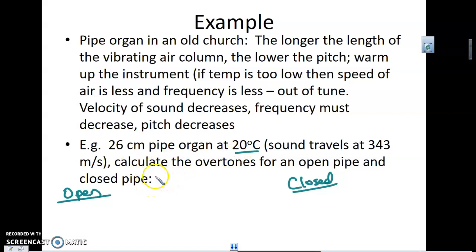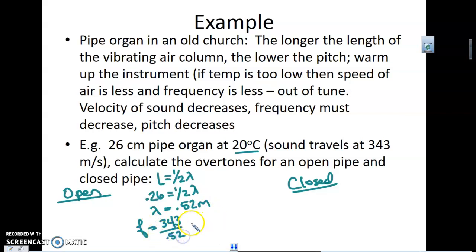All right, so for an open, our fundamental is going to be 1/2 the wavelength. And so we could go 0.26 is the length. Okay, very similar to the other ones we did. And we're going to get a wavelength of 0.52 meters. What that means then, our frequency is going to be 343 meters per second over 0.52, we have 660 hertz. Okay. We can do our second harmonic.